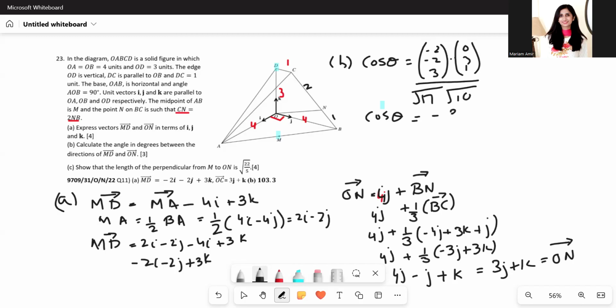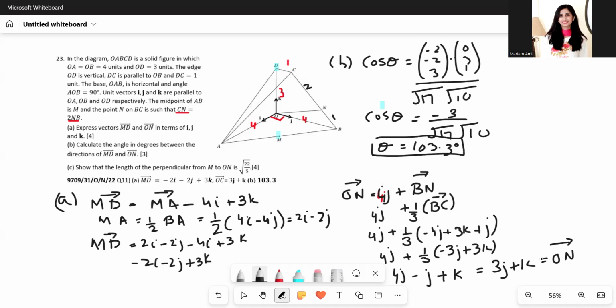So we have -3 upon square root of 17 and square root of 10 in the denominator. Now we find cos inverse of this fraction, which gives us 103.3 degrees. Okay, that's part B.